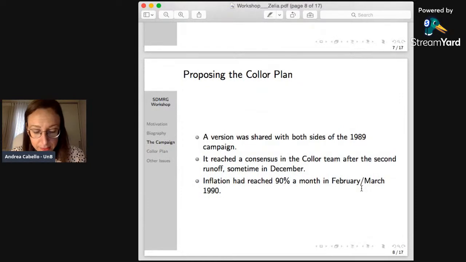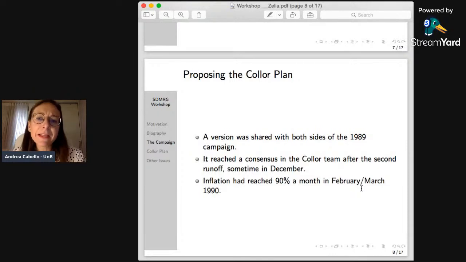And the Collor Plan itself, I think we've got some literature on that. There is some caricature about how it was proposed, and how Collor accused Lula during the 1989 campaign of proposing the plan.